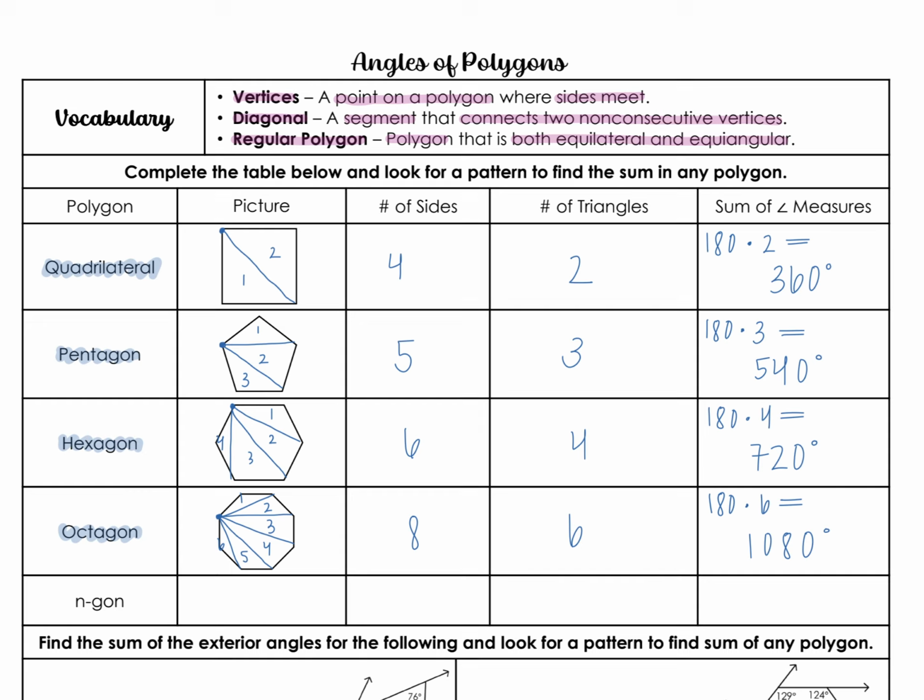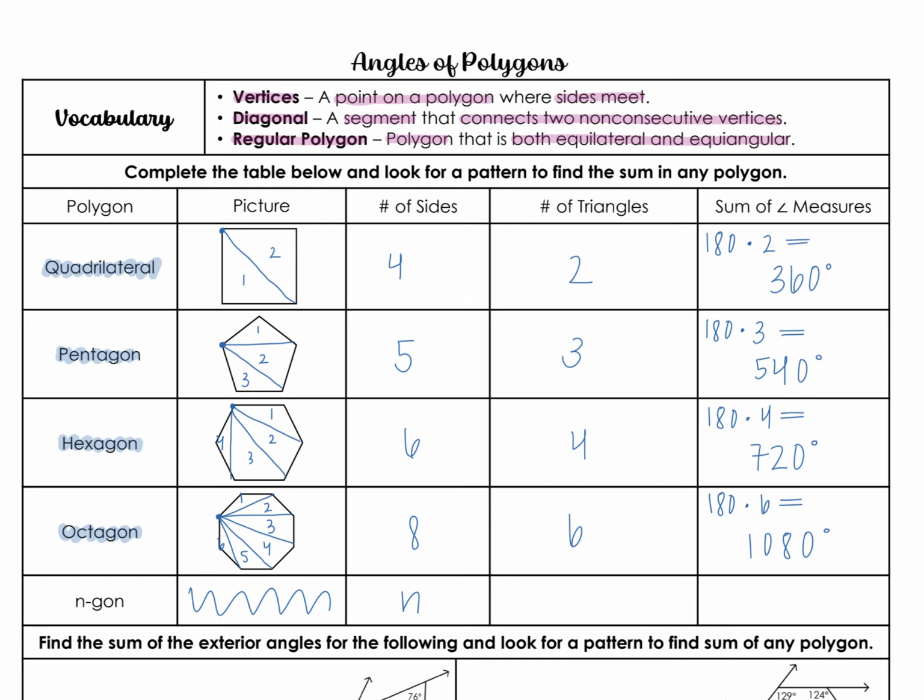All right, so like I said, we're coming up with a pattern. So obviously we're not going to have a picture here, so I'm going to just kind of scribble through that. But for our n-gon, this just means we have n amount of sides. So the number of sides is going to be n. A lot of times that's going to be a number there.